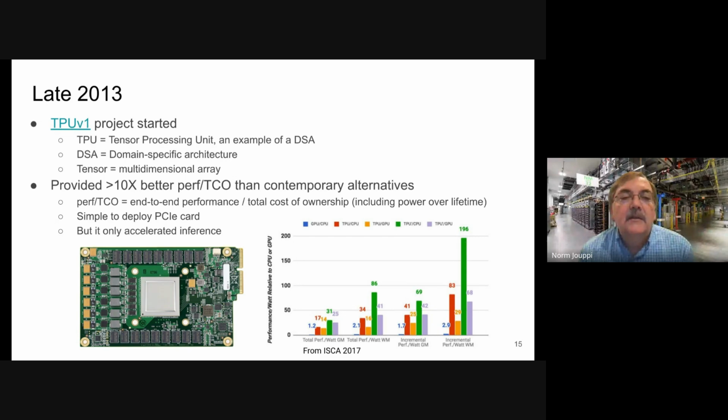And so this was an accelerator card that was plugged into our servers, and it was used for image recognition, speech recognition, things like that. And we waited a few years, and then we published the results in ISCA, the Computer Architecture Conference, in 2017.